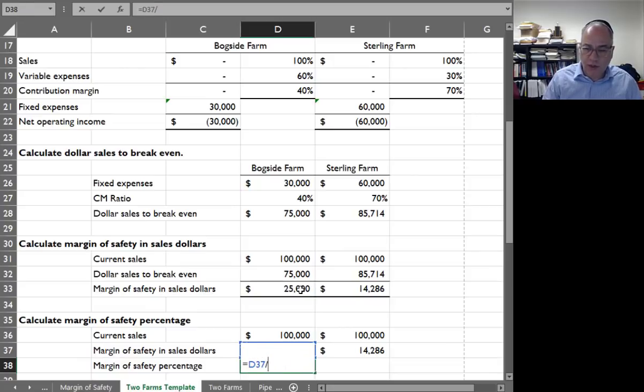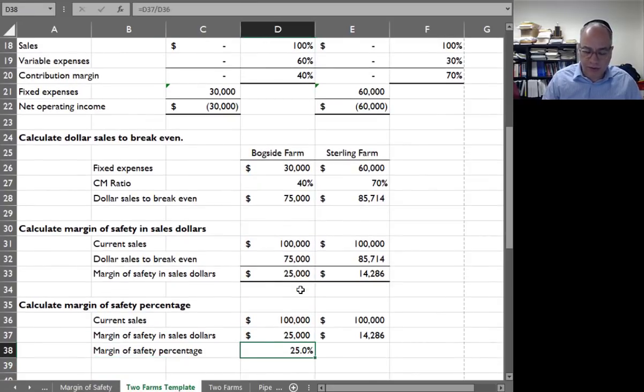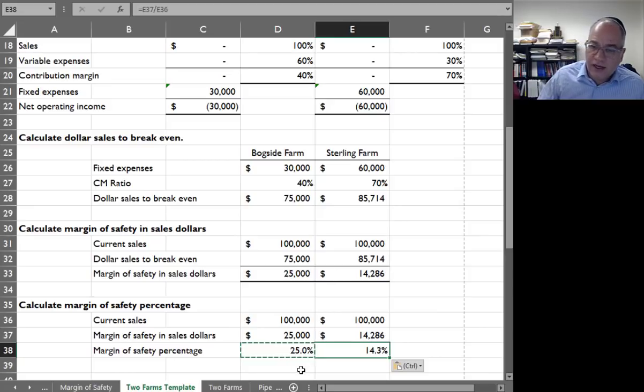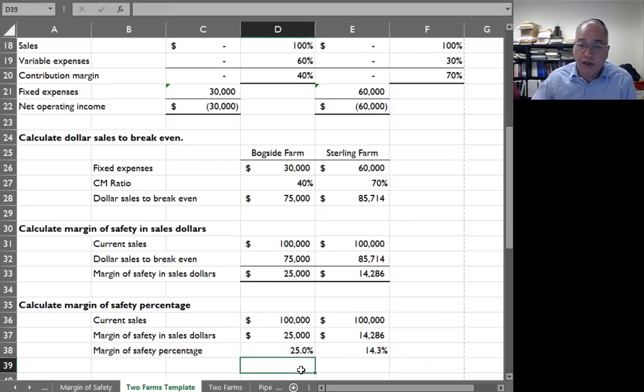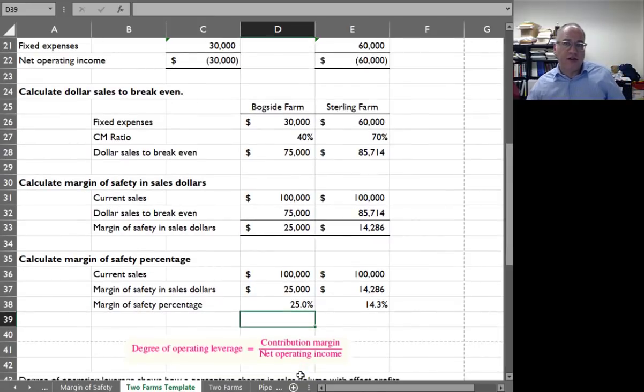Margin of safety percentage would be 25 divided by 100 at 25% for Bogside and only 14.3% for Sterling. So you can see that Bogside's in a much better position, obviously because it has lower fixed costs and it's much easier for that company to cover its fixed cost.